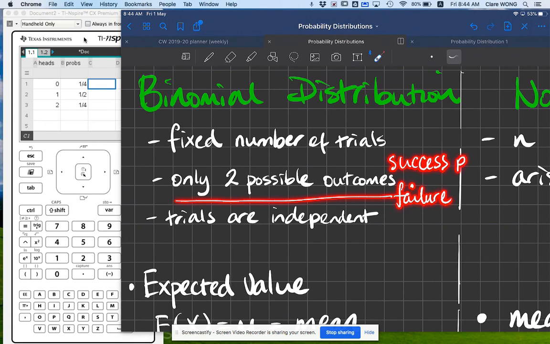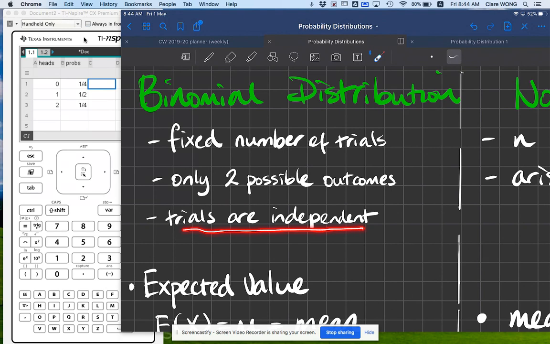Failure has to be 1 minus p. All the trials are independent. Basically, it means the probability will not change for each trial, so it will stay the same. If it changes, then it will not follow a binomial distribution.